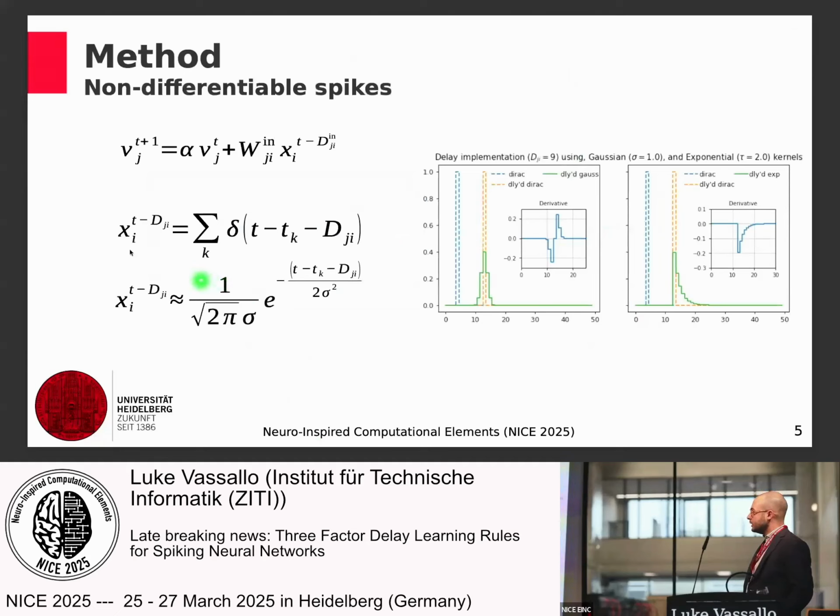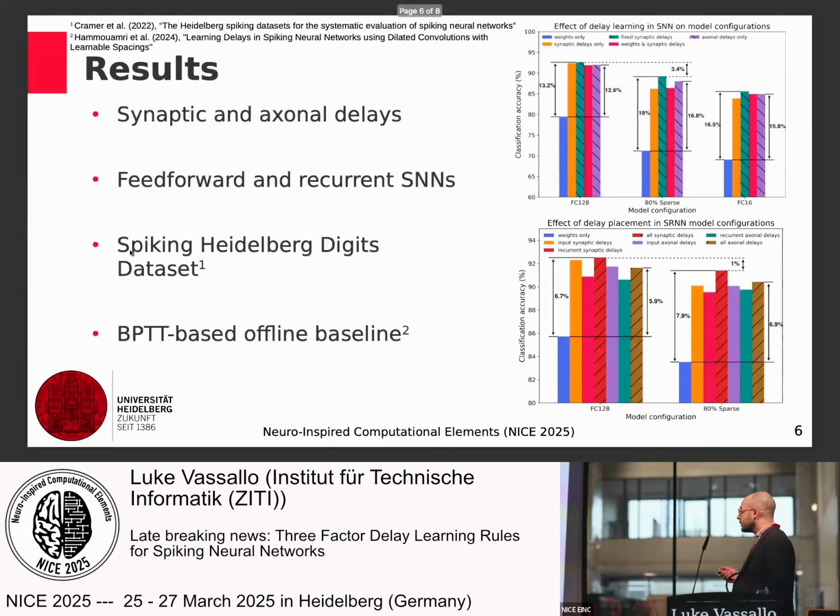Since this often takes the form of a Dirac delta function, it is by definition non-differentiable. The way we overcome this is to represent the spike as a continuous function, which we do by using a Gaussian, and then we can calculate the gradient, and therefore the eligibility trace.